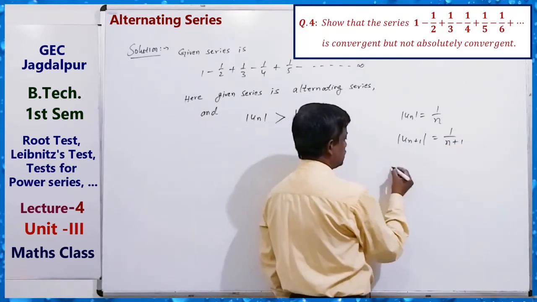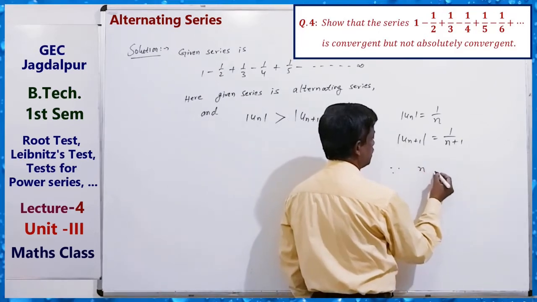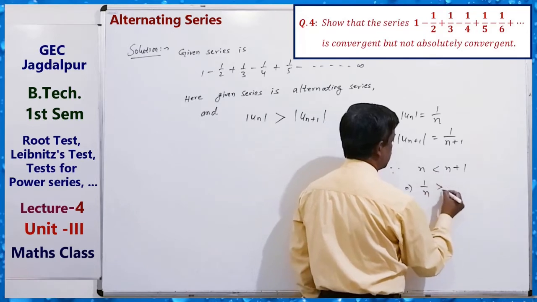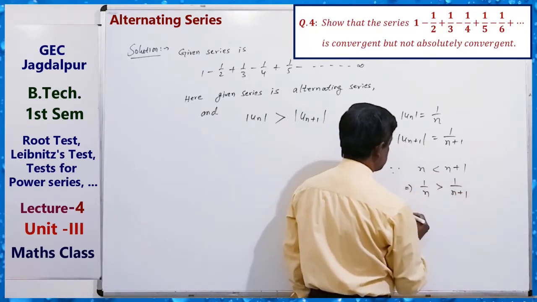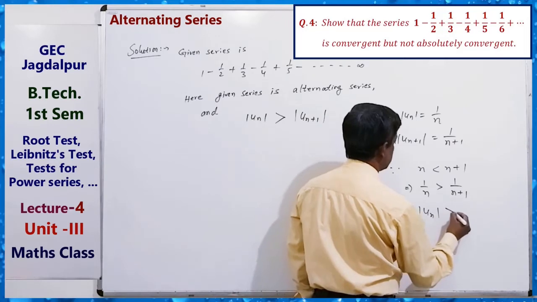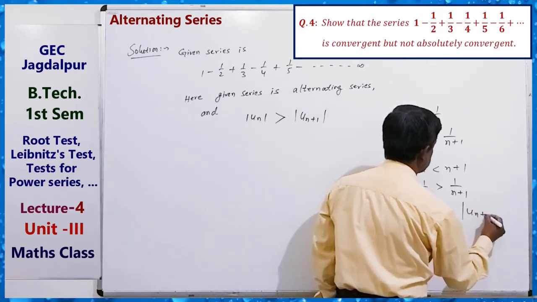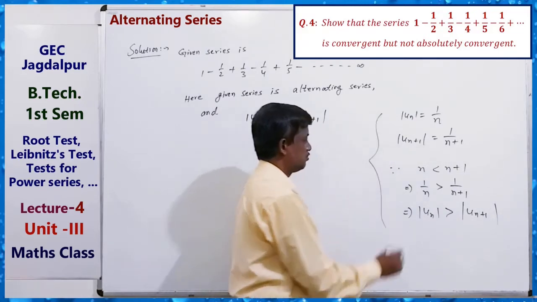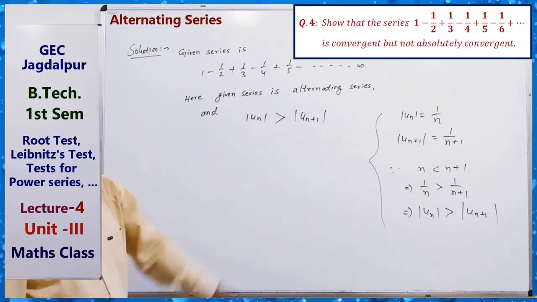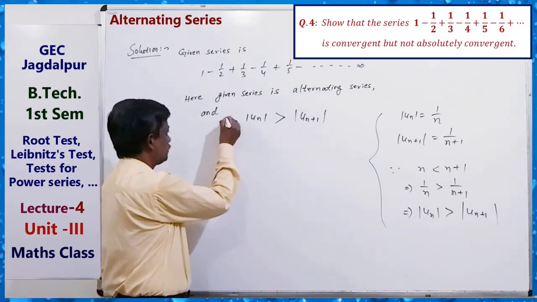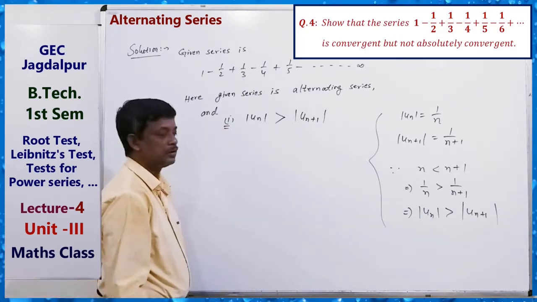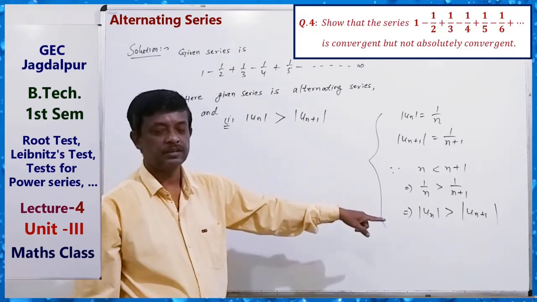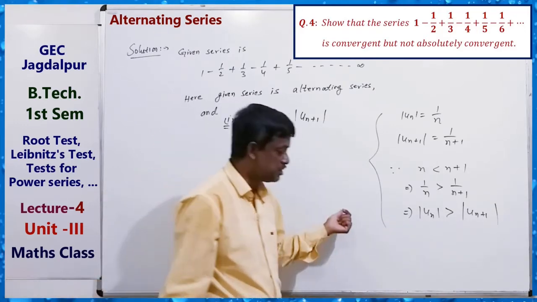Since n is less than n plus 1, 1 by n is greater than 1 by n plus 1. So mod un is greater than mod un plus 1. This is the first condition: each term is numerically less than its preceding term.